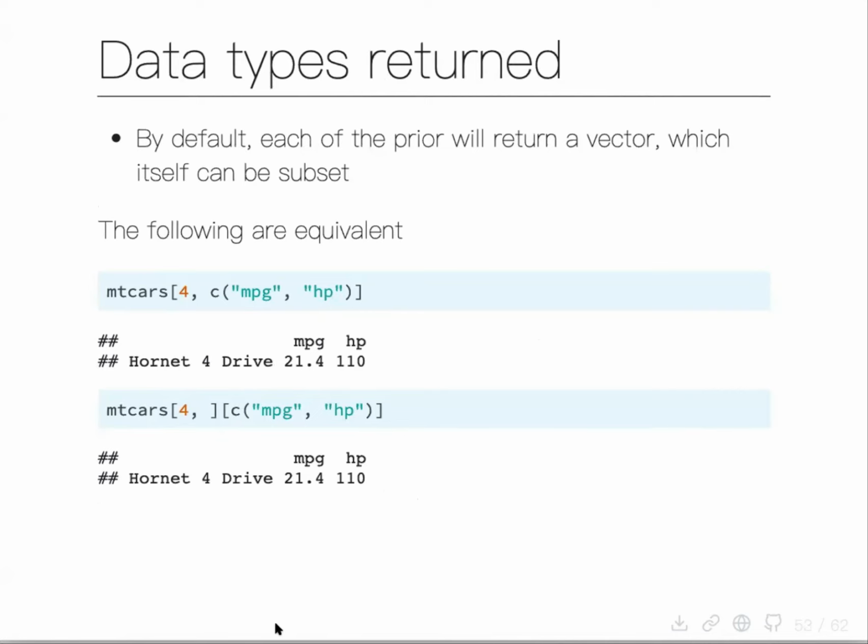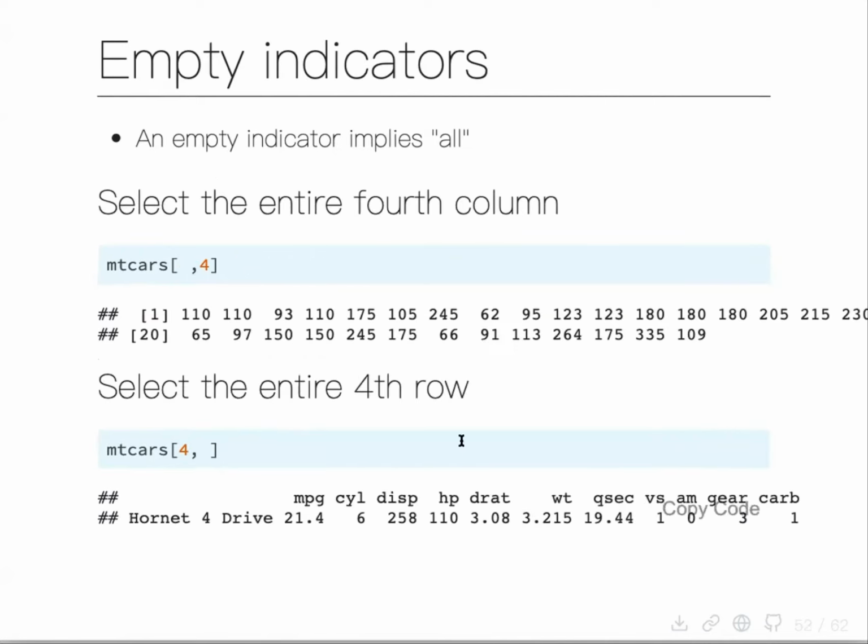By default, these both drop the dimensions. Okay, and this is confusing and can lead to errors and actually changes depending on if you have a tibble or a data frame. The tibble version, I think, is much preferred, but we'll talk about that in just a second.